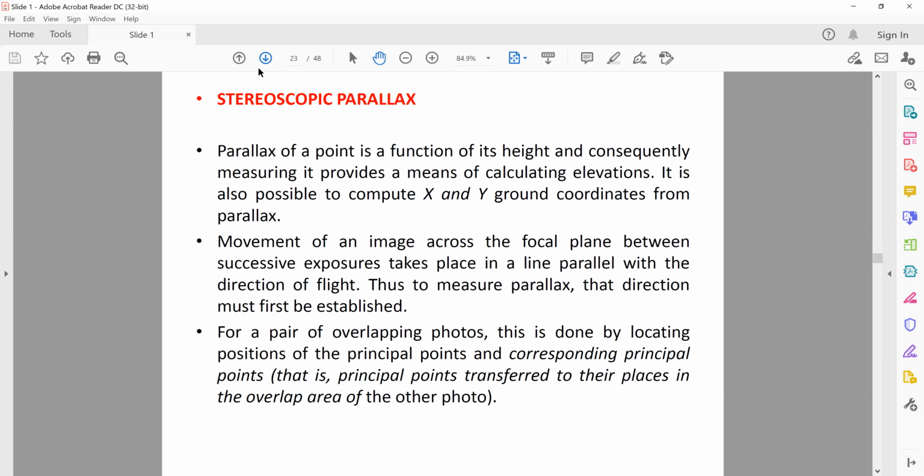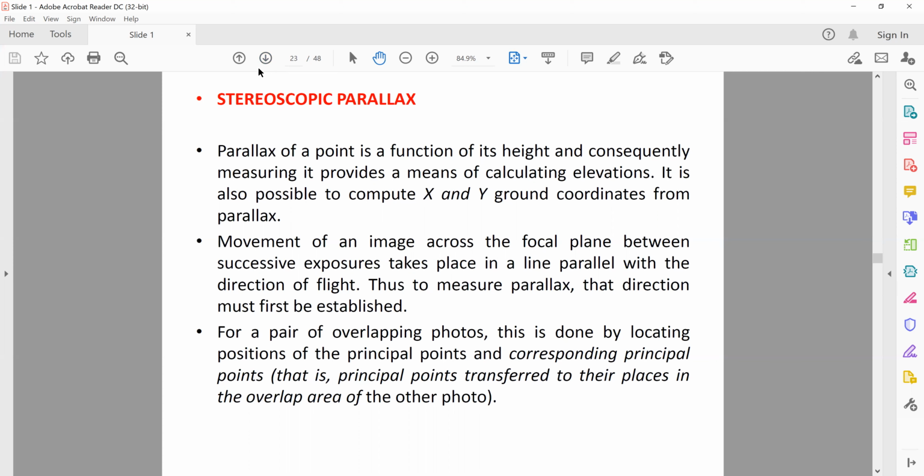And it is also possible to compute x and y coordinates from parallax. How you go ahead with this procedure is that first you ascertain the line of direction, and then you can take an arbitrary x and y axis, and on that x and y axis you can calculate the parallax, and then you can calculate the height of the object and the x and y coordinates.